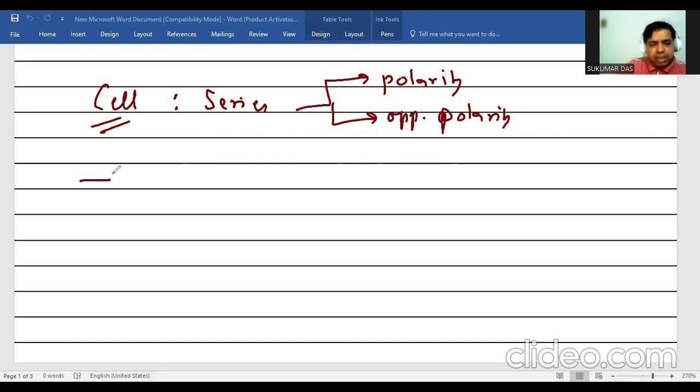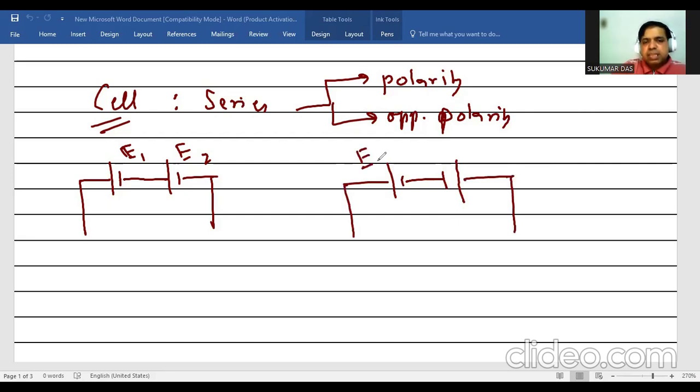For example, if we have two cells like this, we will say that these two are in series with same polarity. Whereas if we take this type of combination, here we will say that E1 and E2 are in series, but they are in reverse polarity. So here our net EMF between these 2 points will be simply E1 plus E2, whereas here our net EMF will be E1 minus E2.